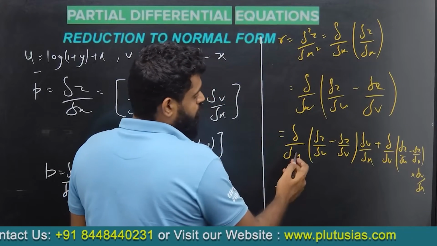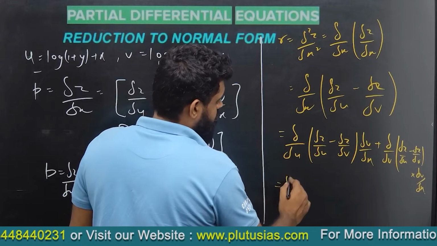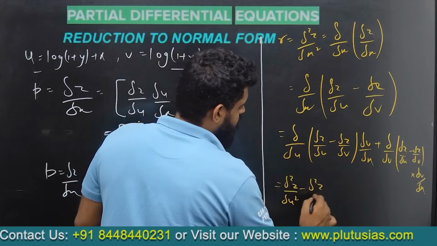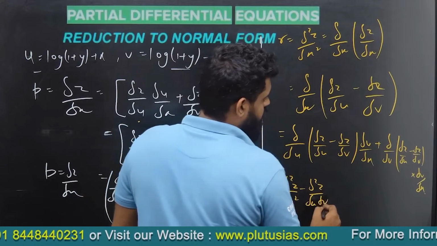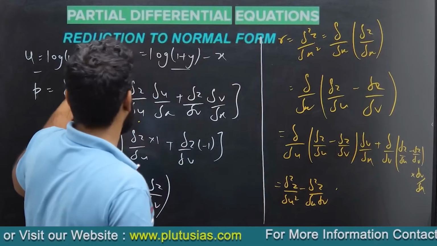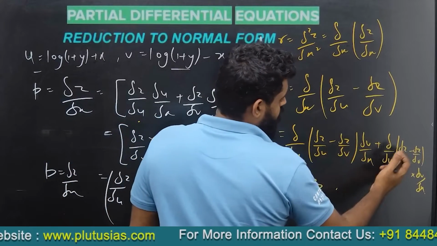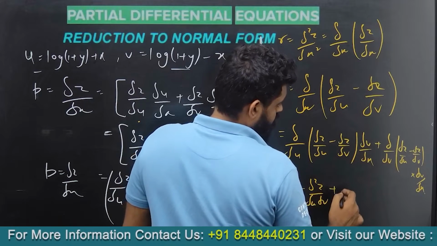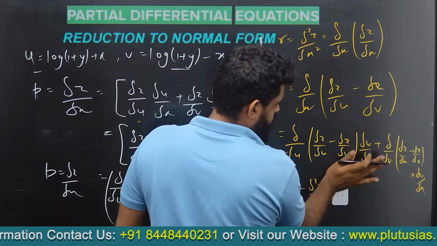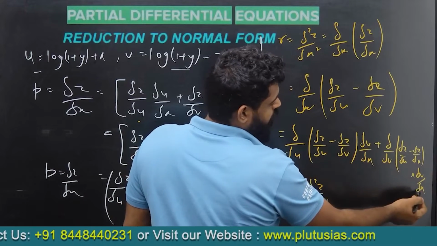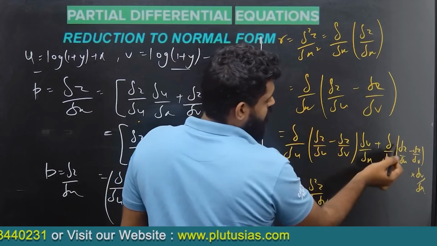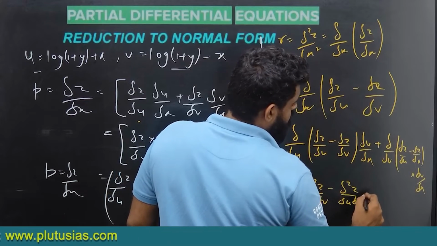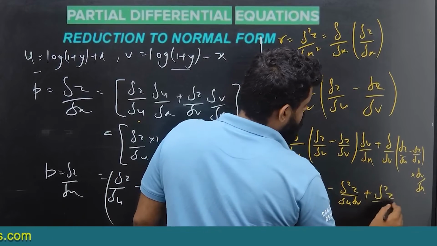So differentiating this, we get delta square z upon delta u square minus delta square z upon delta u delta v, and delta u upon delta x is 1 only, and here we have plus, from here we get delta v upon delta x is minus 1, so we will take this minus delta square z upon delta u delta v, and this would be plus delta square z upon delta v square.